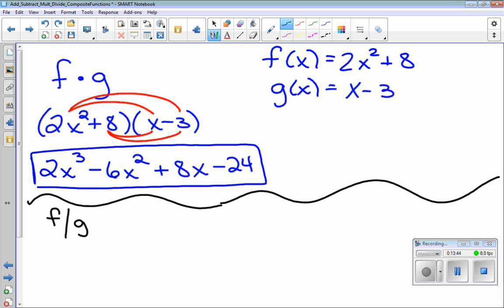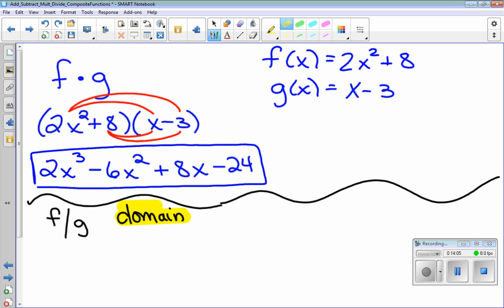F divided by g. This one's okay. The only thing I have to be worried about here is the domain. So I'm even going to write that and highlight it or circle it or something. I have to be aware of the domain. Okay, so I'm going to write that.